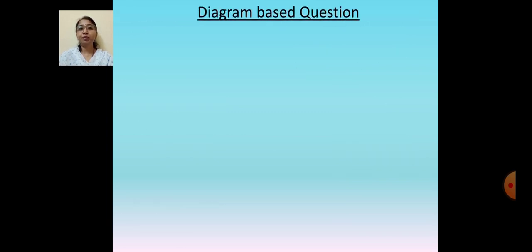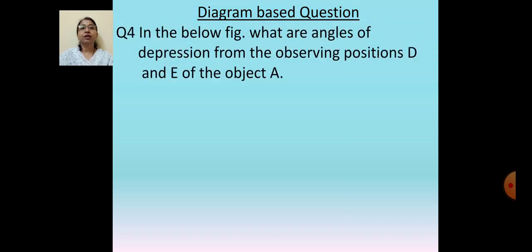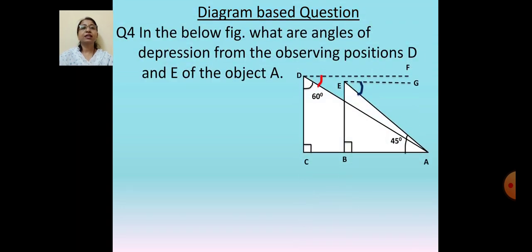Now a diagram based question. So here is that diagram. In the given figure, what are the angles of depression from the observing point positions D and E of the object A? So you know the definition of angle of depression.